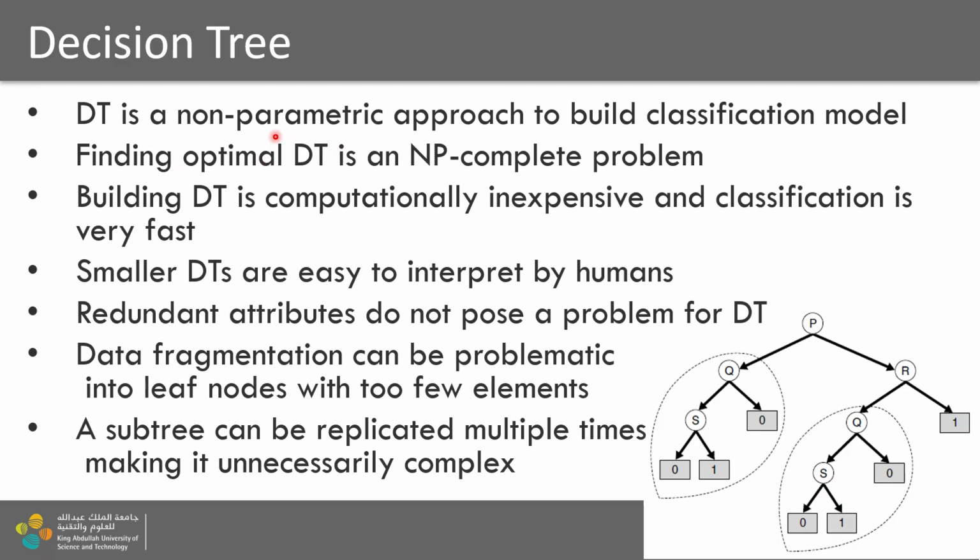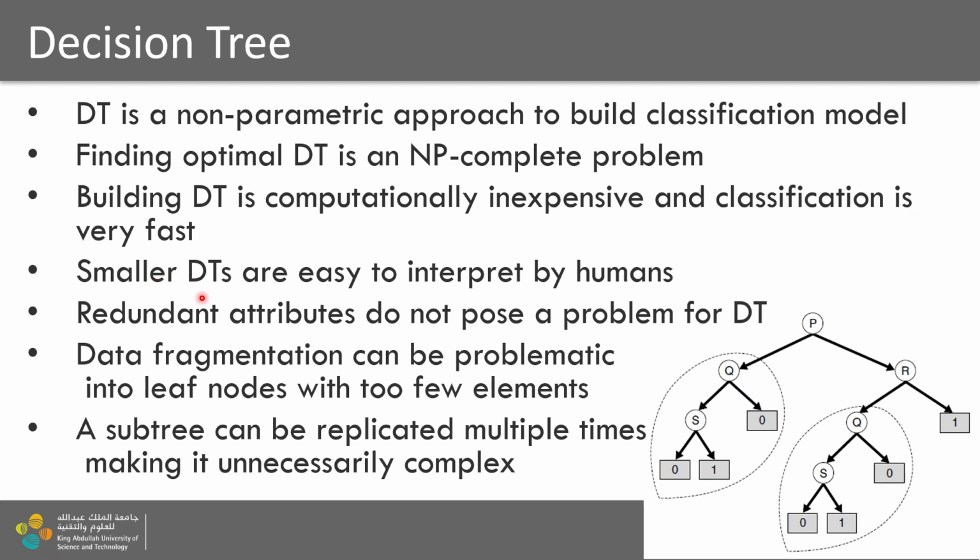Finding an optimal decision tree is an NP-complete problem, so we might not end up with the best decision tree when we are performing the design, but it might still be good enough for our classification task. Building a decision tree is computationally not very expensive, and the classification process for new data entries is very fast.